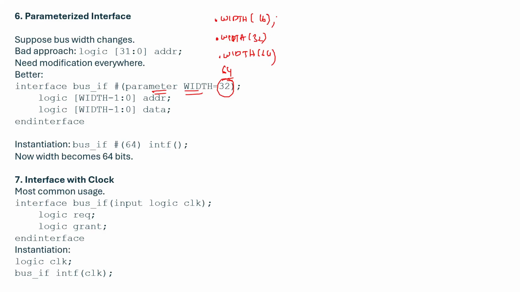That means it will support 16, 32 and 64 also. You are not modifying your DUT, you are just changing the testbench. In the testbench I am overriding my parameters, so without changing your DUT we can override it and it will support different bit widths.